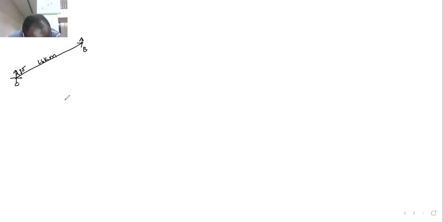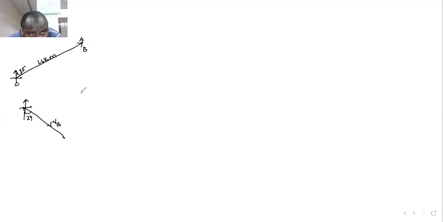Then they have gone further and said, the battleship travels at 14 kilometers per hour on a bearing of south 29 degrees east. This is the velocity of the battleship.